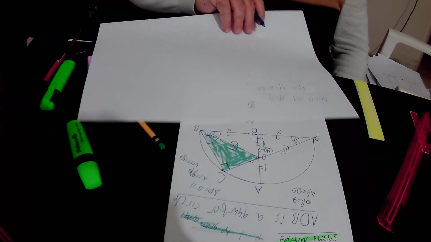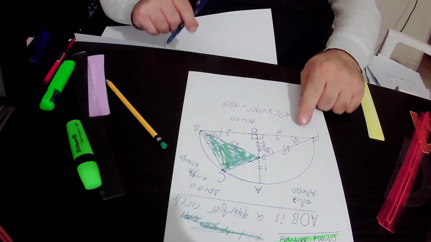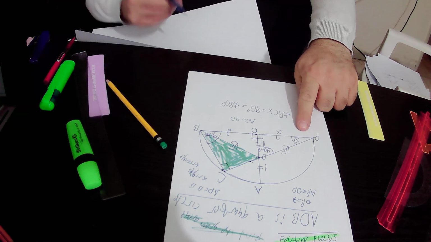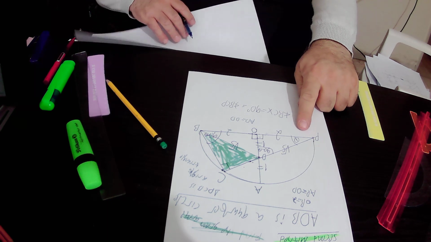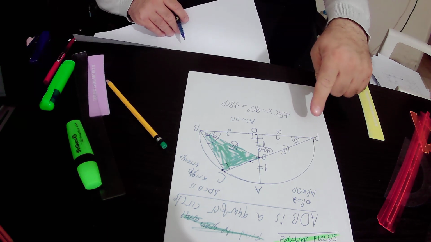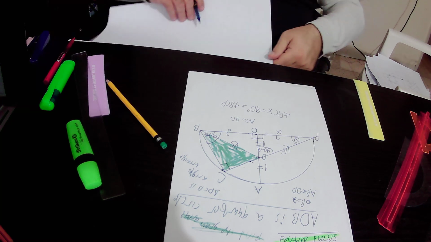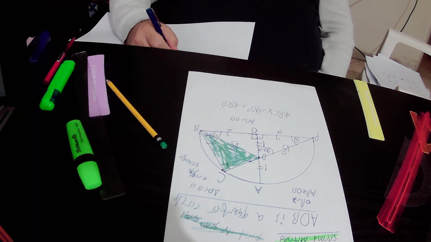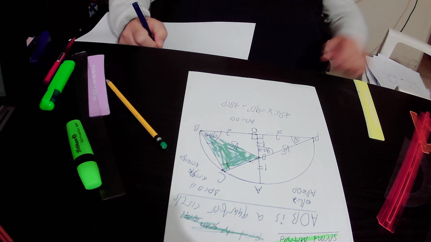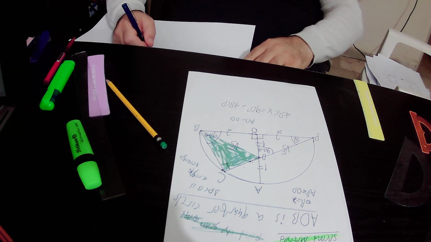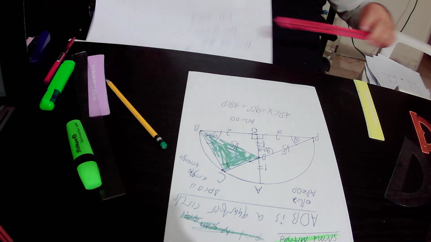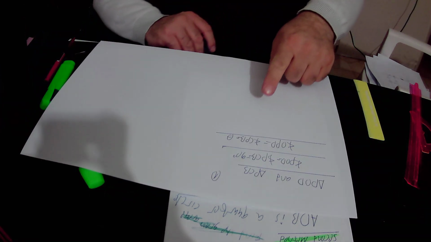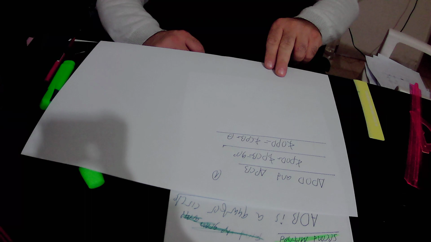In addition, this angle is a common angle that belongs to both triangles, so it equals itself. So angle OPD equals angle CPB, and it is equal to theta according to our definition.